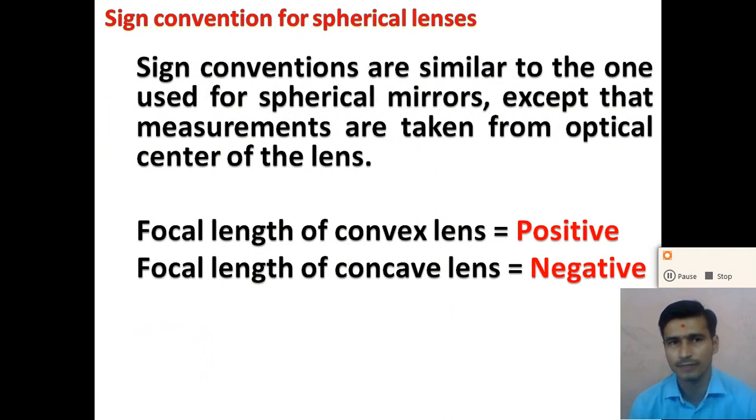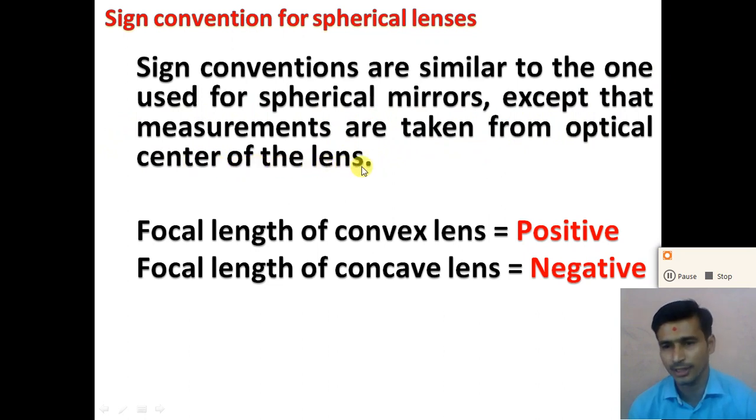The sign convention for the spherical lens is similar to that of the spherical mirrors, right? All the distances are measured on the principal axis from the pole. Here all the distances are measured on the principal axis from the optical center, right? So the sign convention is similar to the one used for the spherical mirror, except that measurements are taken from the optical center of the lens.